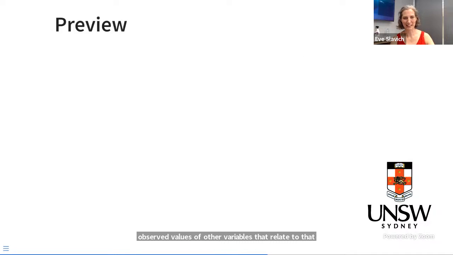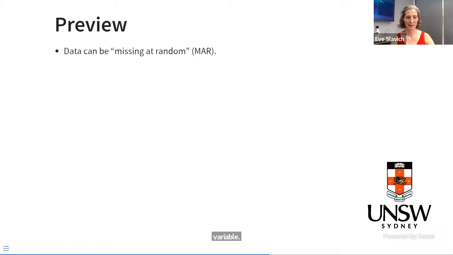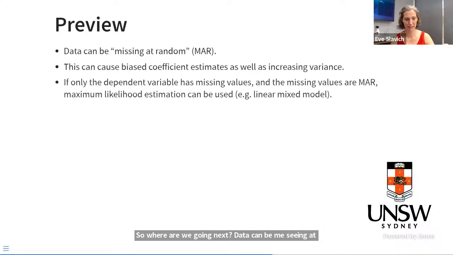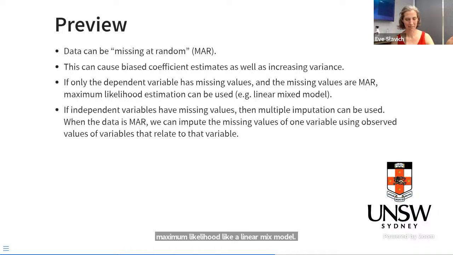So where are we going next? Data can be missing at random. This can cause biased coefficient estimates as well as increasing variance. If only the dependent variable has missing values and they are missing at random, you can use maximum likelihood like a linear mixed model, just like when the data is missing completely at random.